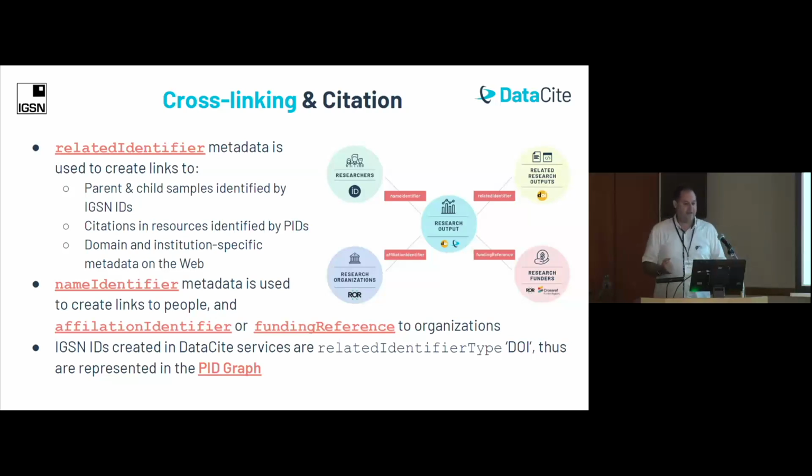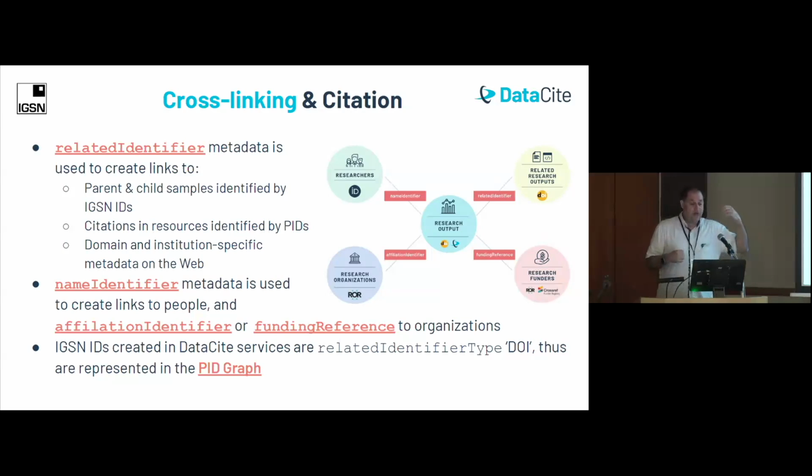So we have what's called related identifier metadata, and that's used to create links between parent and child samples that are identified by IGSN IDs, citations in resources identified by PIDs, so data sets that have analytical data about those samples, and journals in which those samples are cited. You can link those all together.